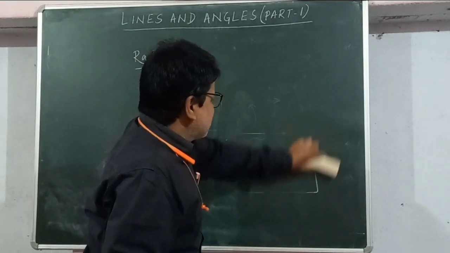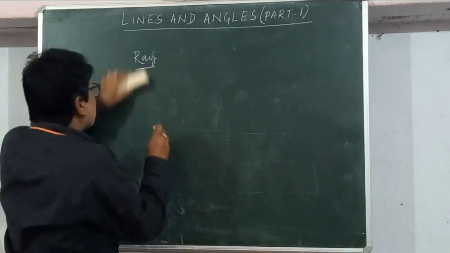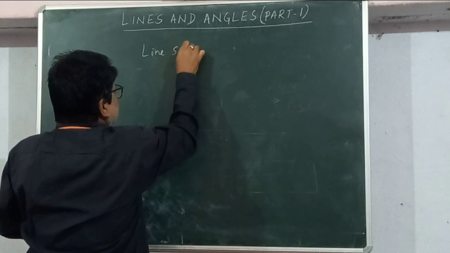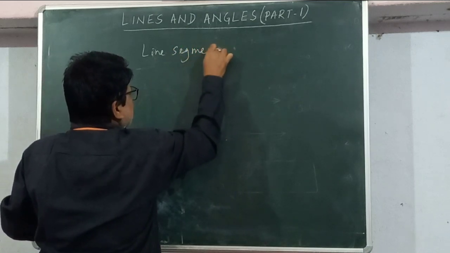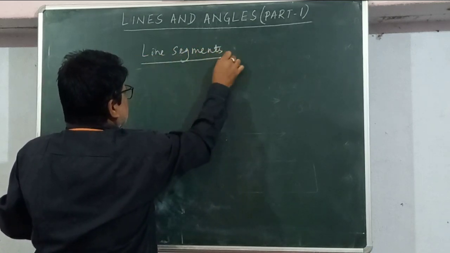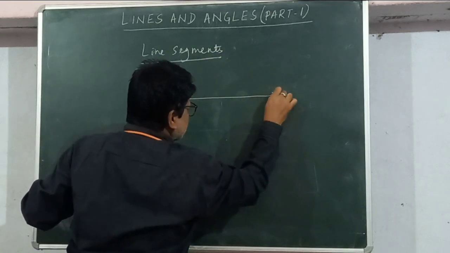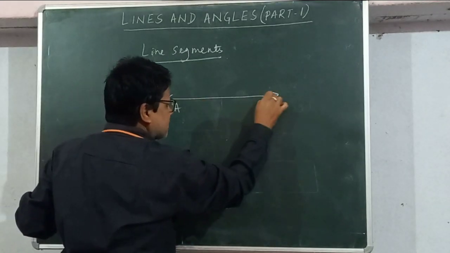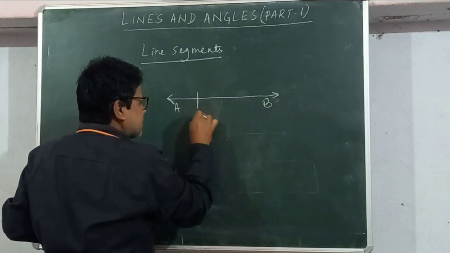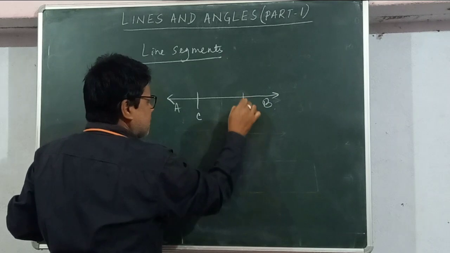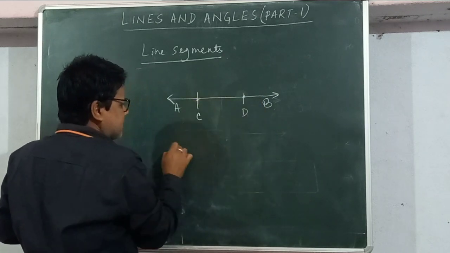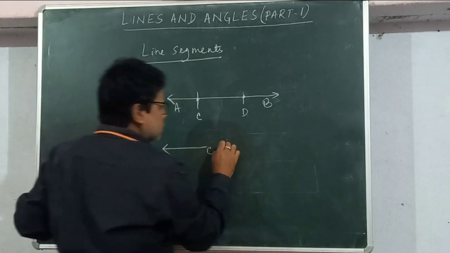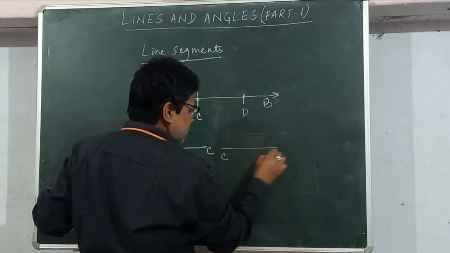Then after rays, we will read about line segments. Suppose this is a straight line named AB. I cut the straight line at points C and D. Now the straight line is divided into three parts.